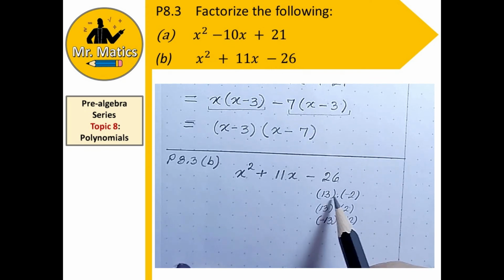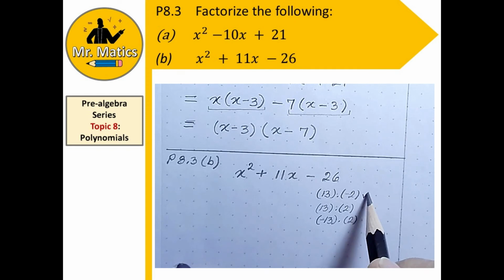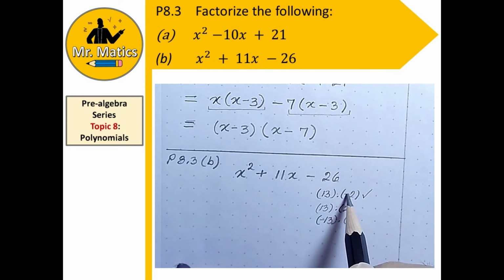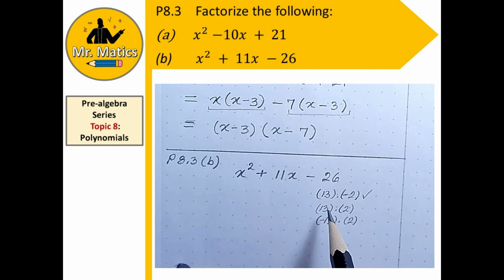If it's 13 and minus 2, then I can break this into 13x and minus 2x. So this is a good form of factors. But if I'm using 13 and 2, I cannot create this by using plus 13 and plus 2. So I cannot use this. Also, the fact is that 13 and 2 would not give you minus 26.